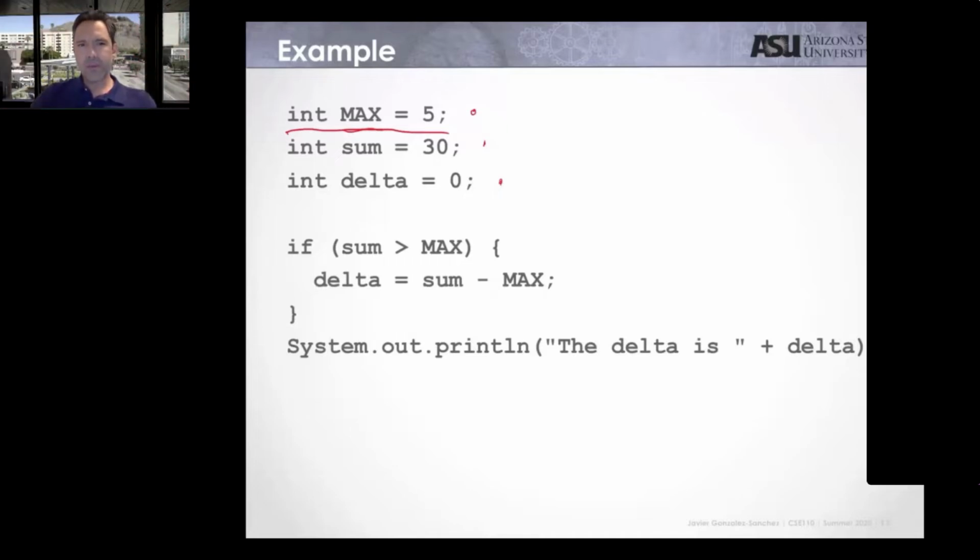And just because I use everything uppercase, I am telling you I have no intention to change that value because my intention is to make max a constant, as you described. And as you remember from your math classes, a constant is a variable that does not change its value, right? So just for the reader, sum, delta, the variables, whatever, if you use an example.